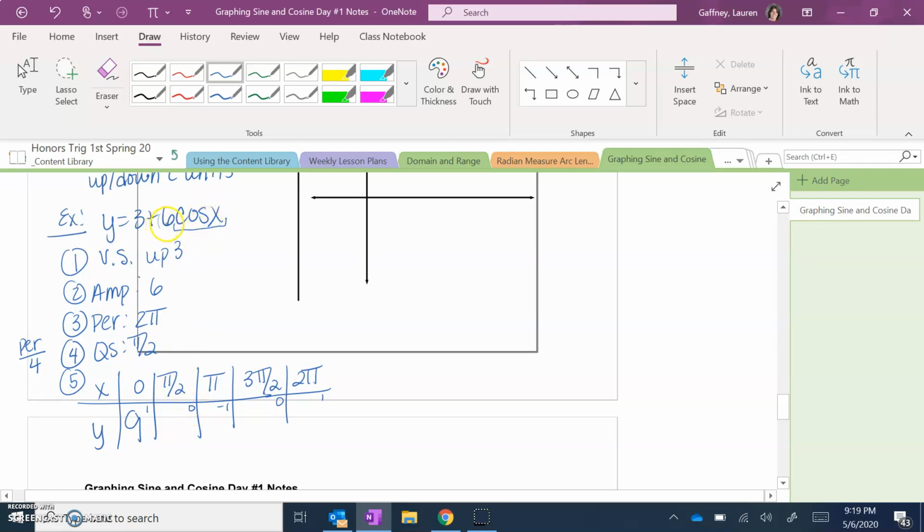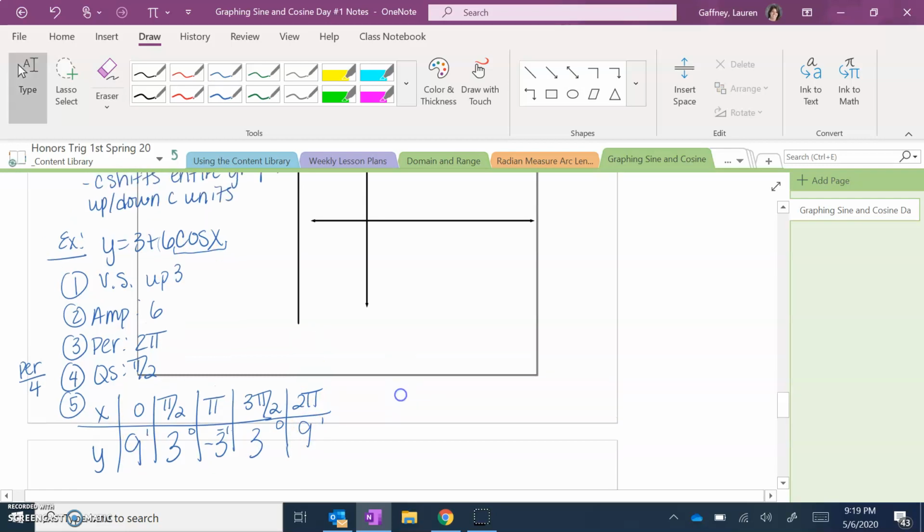Times 6 is still 0, plus 3. Okay, cosine of pi. If I put in pi here, I get out negative 1. Times 6 is negative 6, plus 3 is negative 3. Cosine of 3 pi over 2 is 0 times 6 plus 3. And then it's going to get periodic.